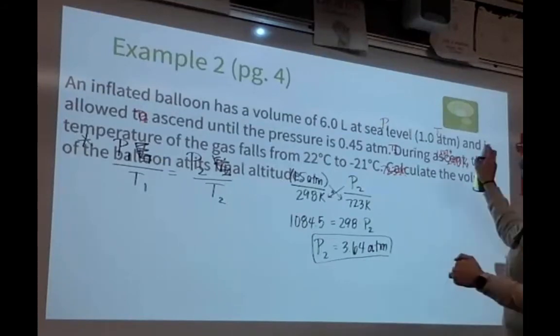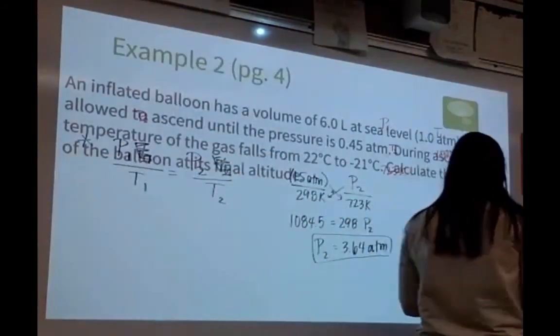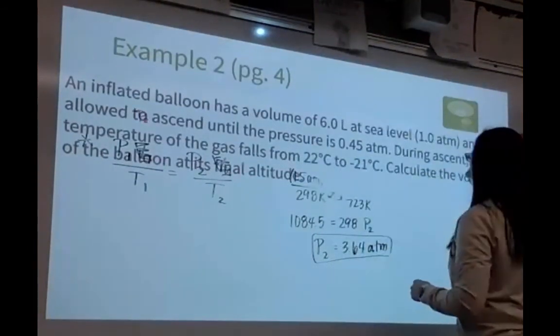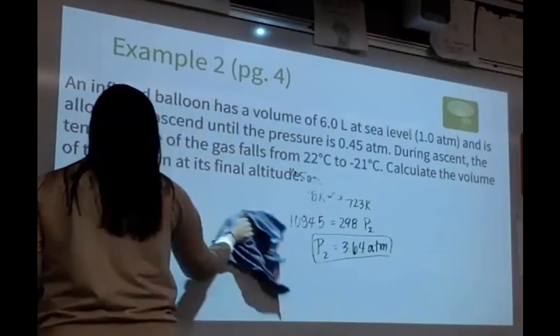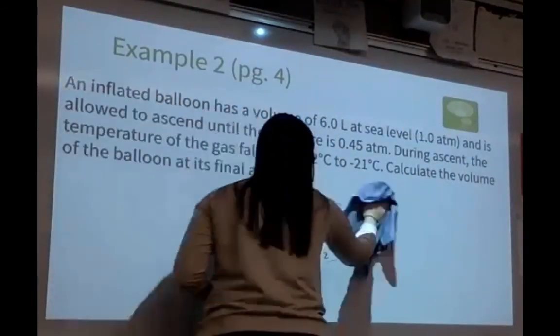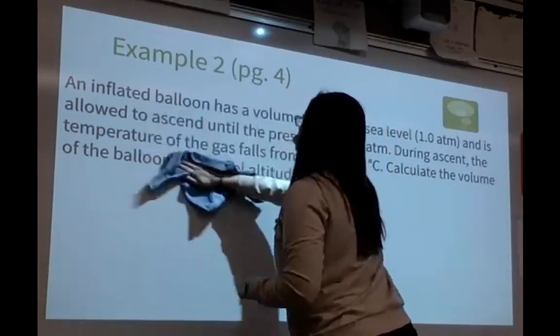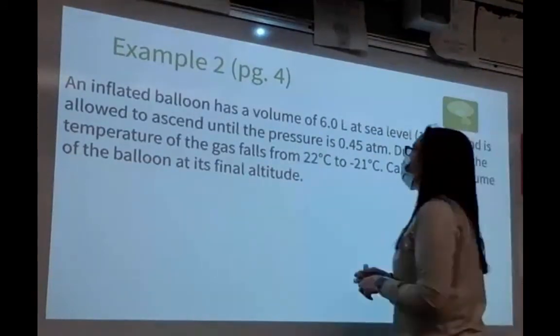So now, with example 2, they're giving us a lot of information in this problem, so it always helps to go through and label everything. Label your pressures, your volumes, your temperatures. So for this, an inflated balloon has a volume of 6 liters. All right?